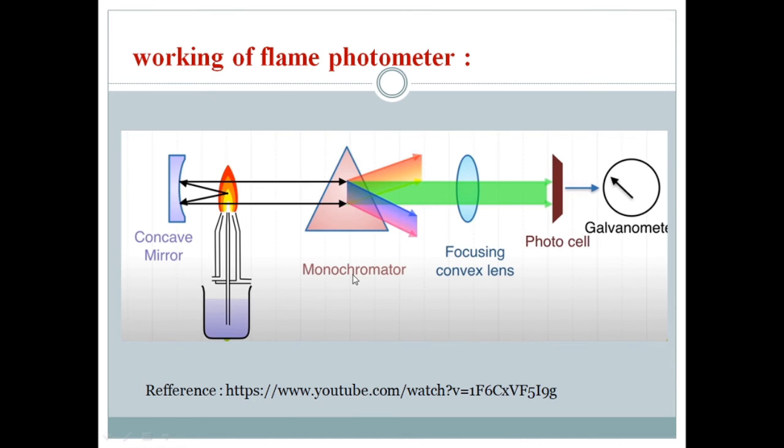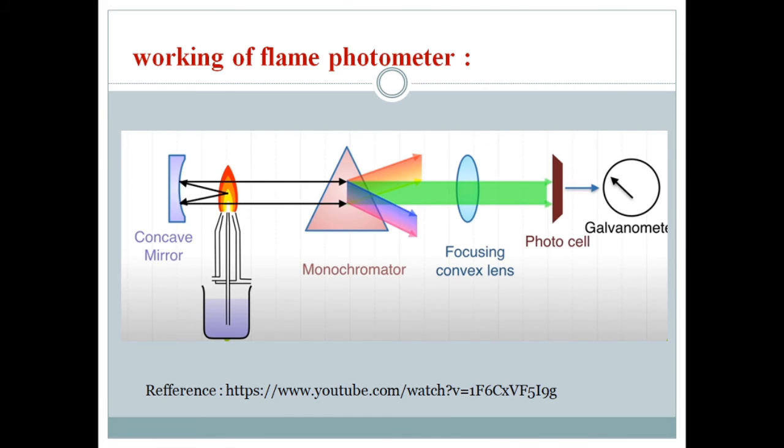The radiation goes back to the concave mirror and is incident after passing through a monochromator. Then the radiation is collected, and current is produced in the photocell, which is connected to the readout device.